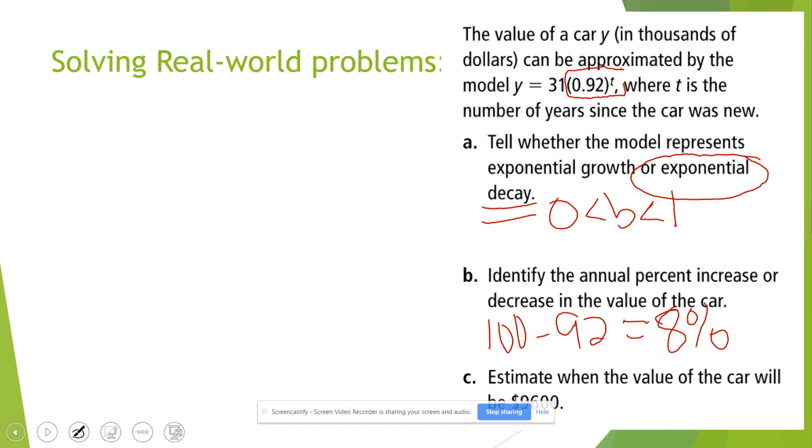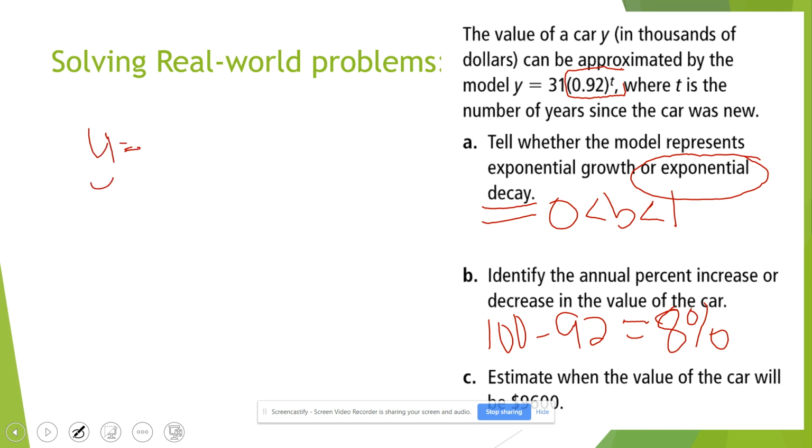The last part it's asking us to do is to estimate when the value of the car will be $9,600. Now it took 7 years for the last car to get to our estimate, and that was at 15%. This is only 8%, which means it's going to take a lot longer.